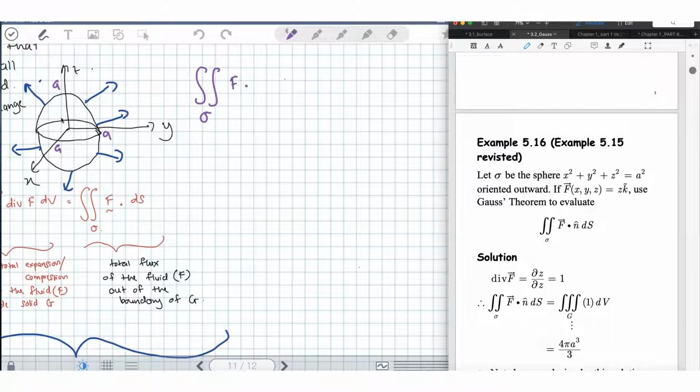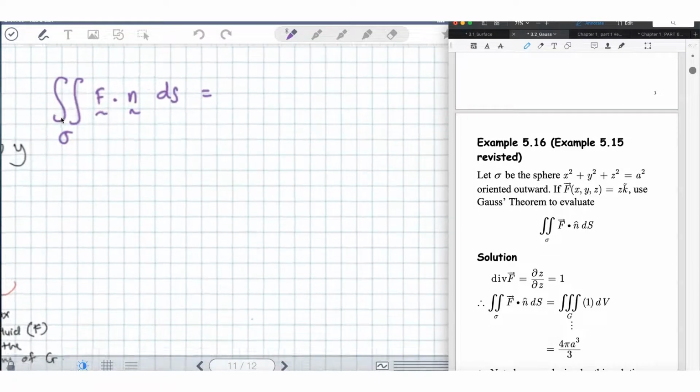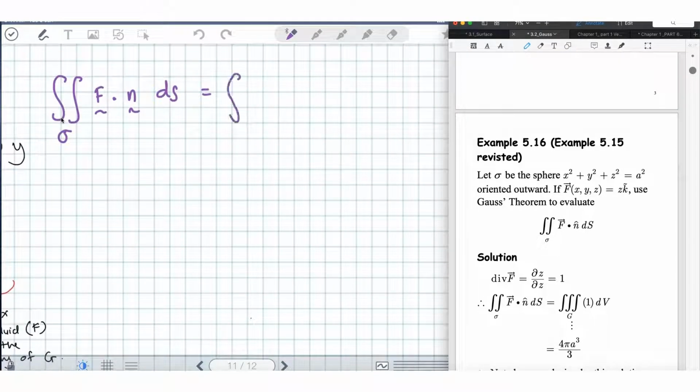Now we want to implement the Gauss theorem, where you need to apply the triple integral of the divergence of the given vector, dV, over solid G.